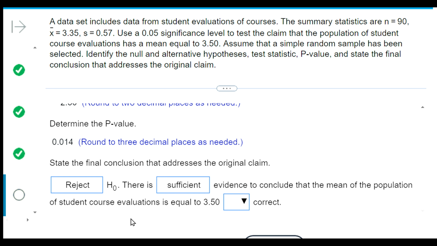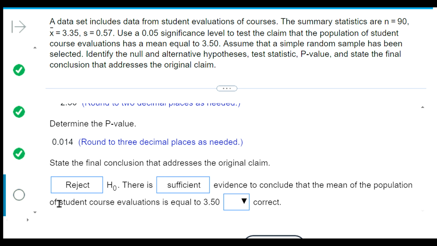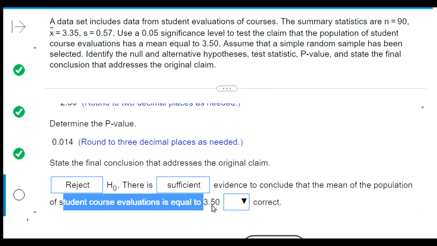Okay, so what are they saying right here? There is sufficient evidence to conclude that this statement, student course evaluations is equal to 3.50. Which one is precisely the statement, the initial hypothesis or the alternate hypothesis?